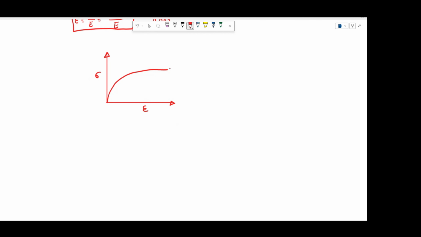This is the strength of concrete which we have got after testing. So let's say this is your fck.